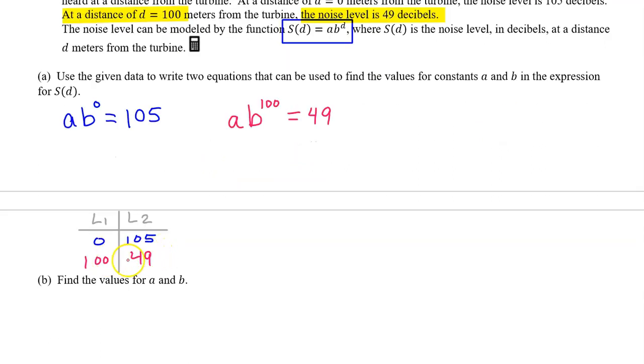We can use our graphing calculator to find an exponential regression model, which will include the values of a and b. So we will enter the input values 0 and 100 in L1 and the output values in L2. However, before we do that, we already know what the value of a is going to be, because the a value is the value at 0, and the value at 0 is 105.